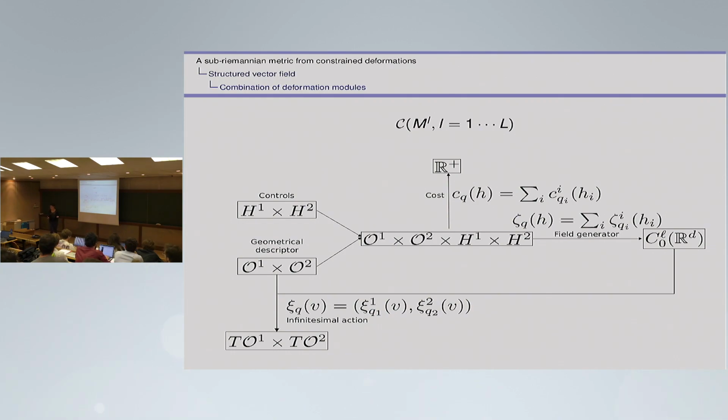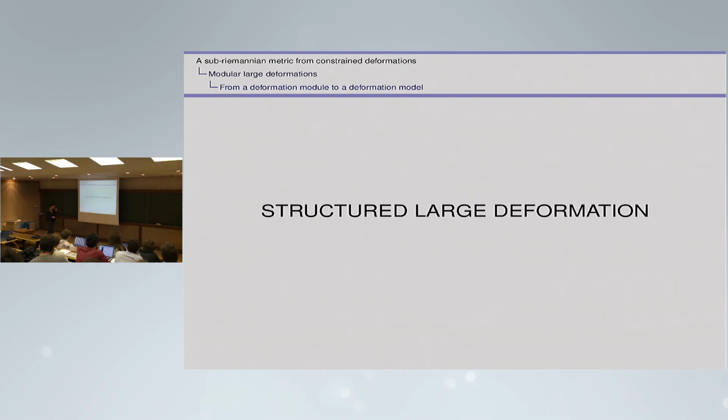In this way, each component will feel all the transformation on the ambient space, not only the transformation that it is creating. So with this idea, you can build very complex deformation modules by just combining simple deformation modules, and you can combine them as many times as you want. There is no restriction on that.